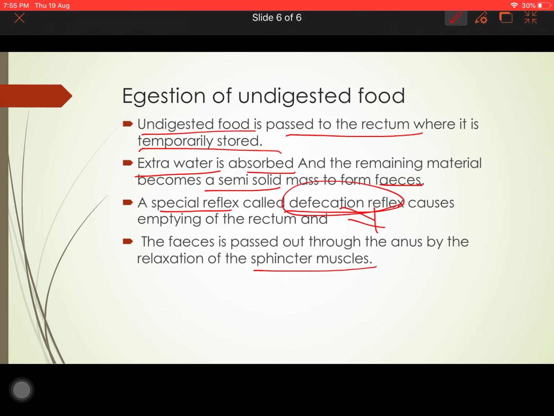I'll be discussing the testing of fat, proteins, etc. Starch, fat and proteins are the three main things you should know: how we can test them in a lab, how we can get the results and know whether a substance contains starch, protein or fat. So I'll teach you the biochemical test in the upcoming video. As of now I have completed almost the full digestive system.